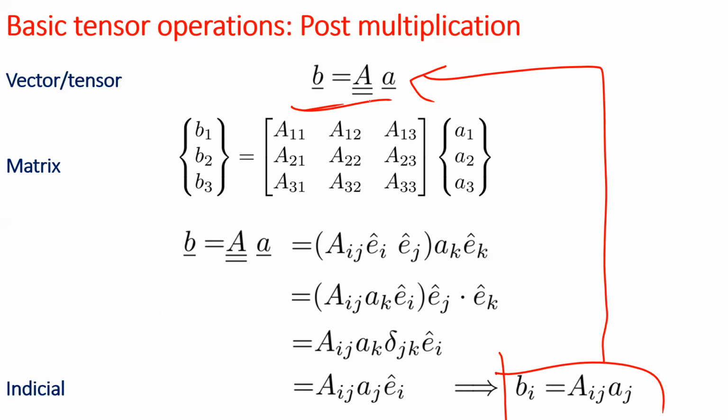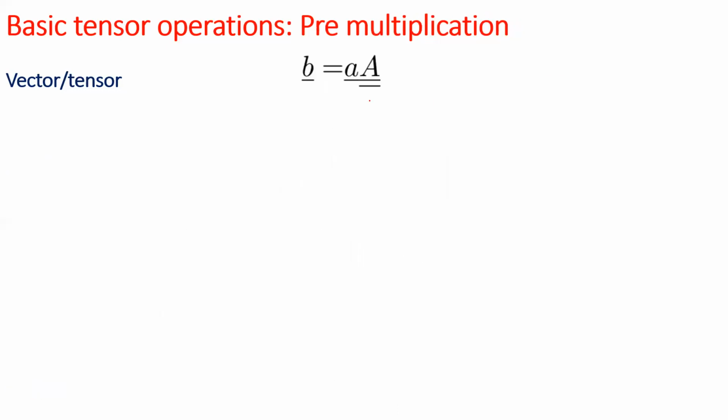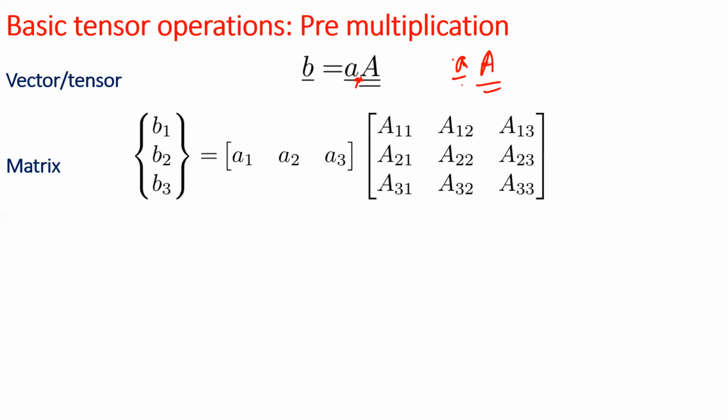Let's do a similar operation, but we'll do a pre-multiplication. So this is what I have. Again, please do not combine. This has occurred due to a different kind of package I've used in LaTeX. Please keep the under arrows separate, underlines separate. In matrix form, this is what it is.